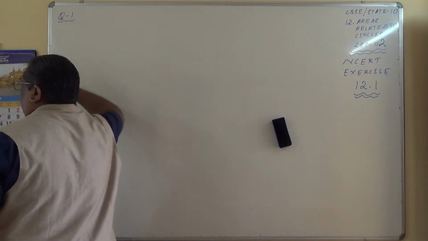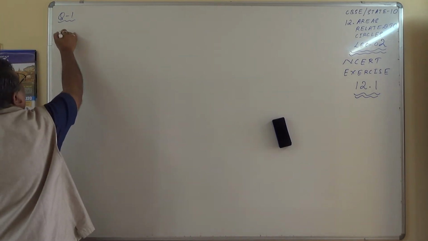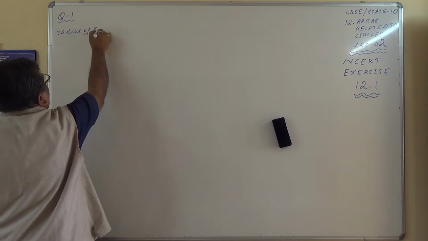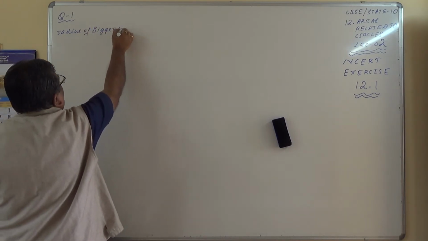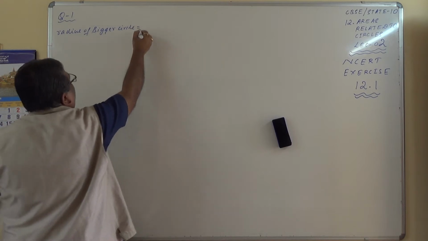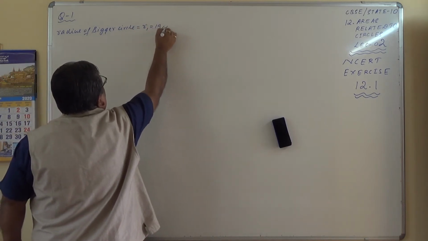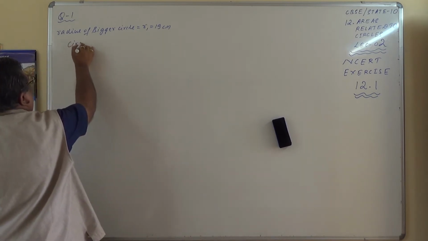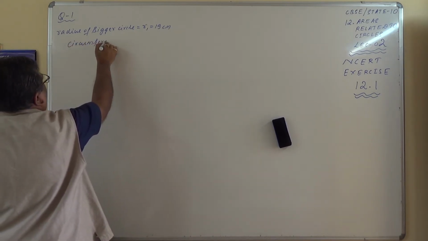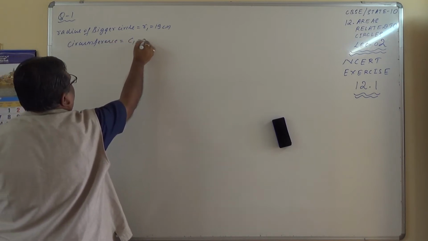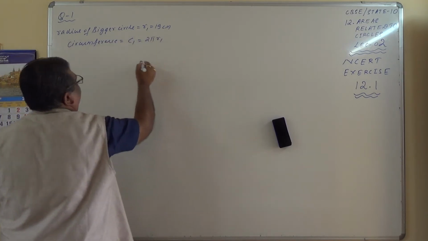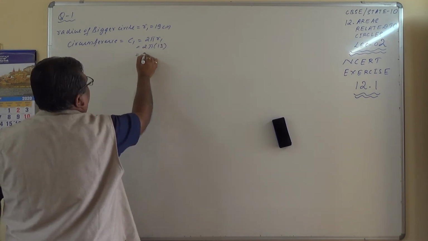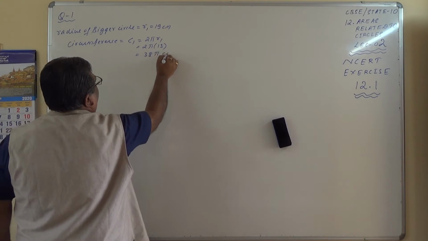So let us solve this one. Question number 1. Radius of bigger circle R1 equals 19 centimeter. So circumference C1 equals 2 pi R1, 2 pi into 19, which is 38 pi centimeter.